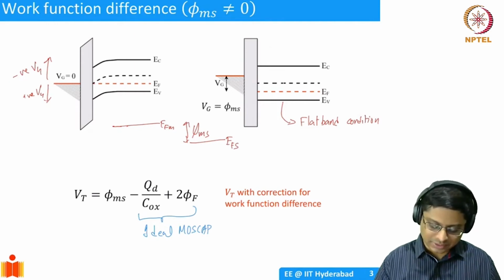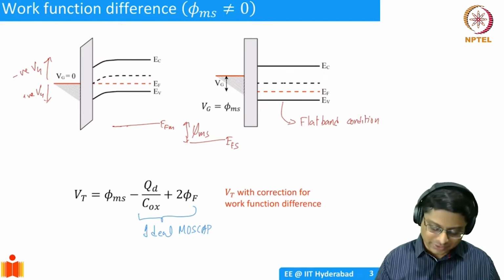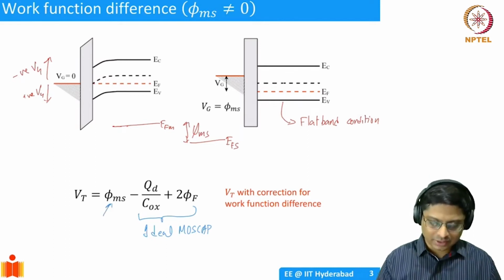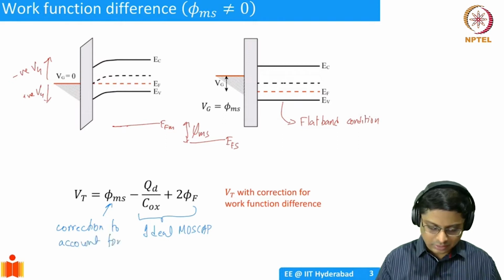So that's the ideal MOS capacitor's threshold voltage, but because of this difference phi ms, there is a correction to the threshold voltage, a correction to account for the work function difference.